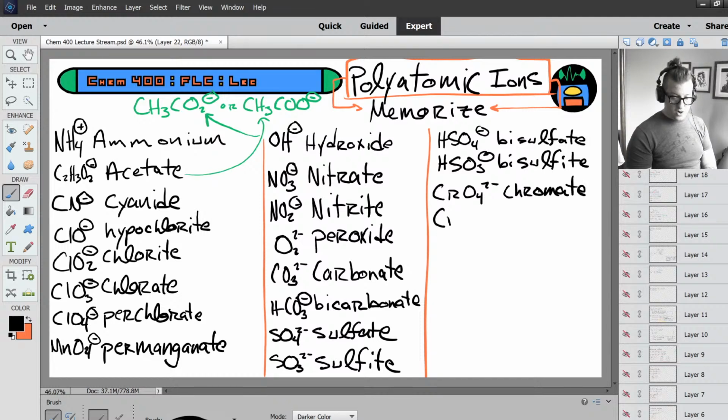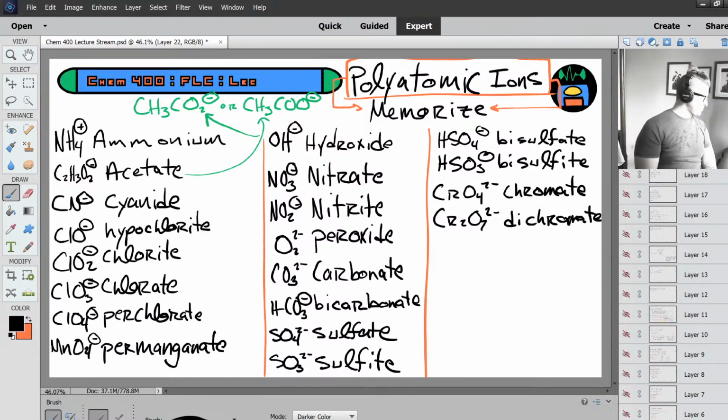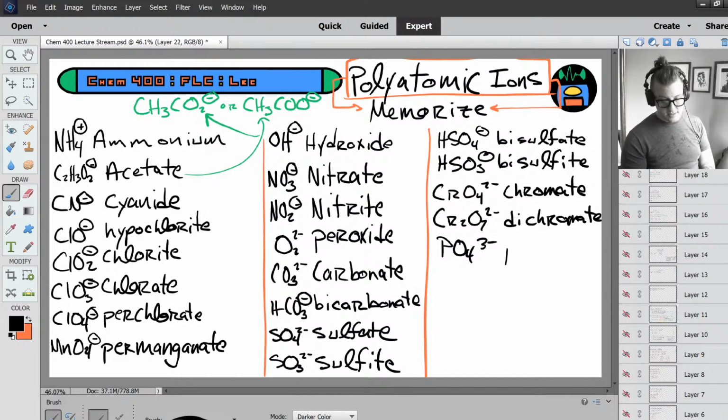We have Cr2O7 with a negative 2 charge. This is called dichromate. Finally, PO4, the negative 3 charge, is phosphate. You have HPO4 with a negative 2 charge.